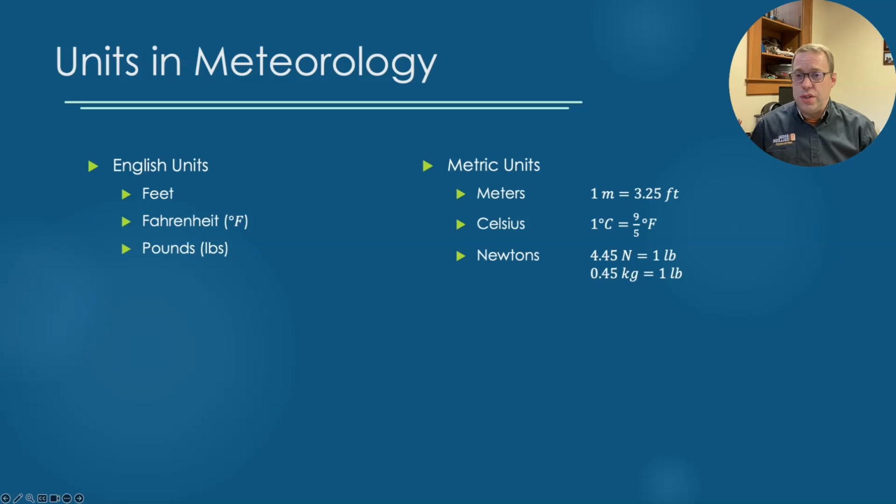We have some issues with the English system. For example, there are 12 inches in a foot. There are 3 feet in a yard. There are 5,680 feet in a mile. I hope I've got that number right. 16 ounces in a cup. You see that these numbers keep changing.